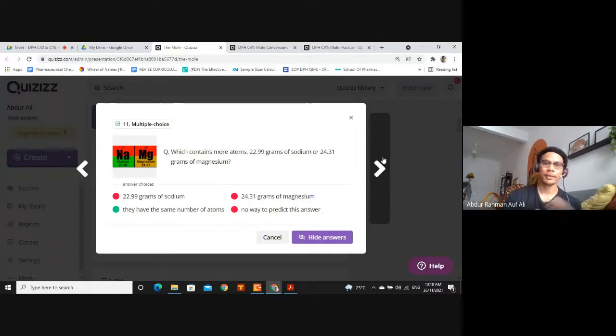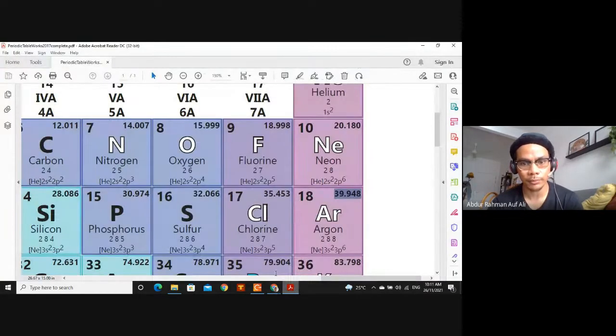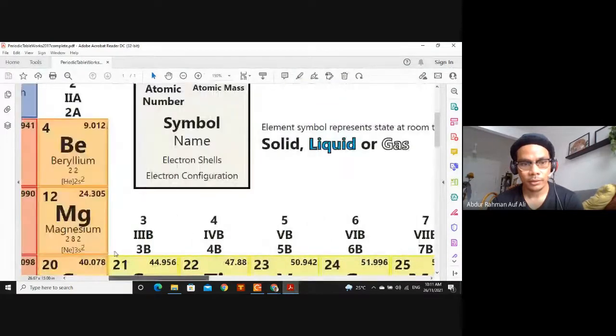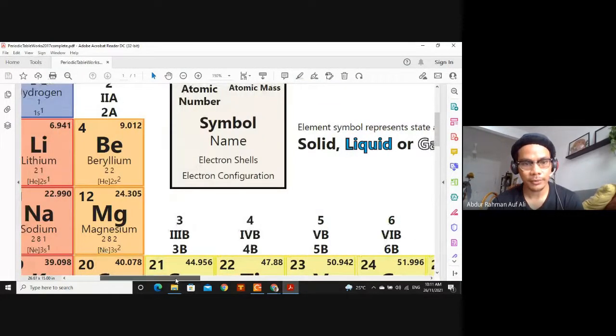Kita akan kupas balik. So this question pula, which contains more atoms? 22.99 gram of sodium ataupun 24.31. So what does this mean? So kalau kita tengok balik berat, hubung kait antara berat dan juga bilangan atom ni, kita tengok the periodic table. Sini dia bagi satu lebih kecil, so saya buka periodic table yang besar. So sodium dan magnesium, you can see here.